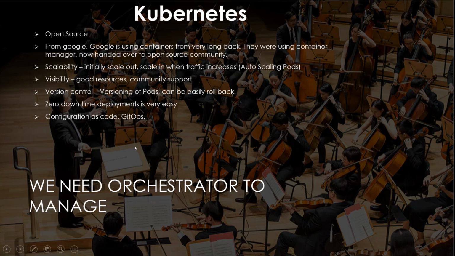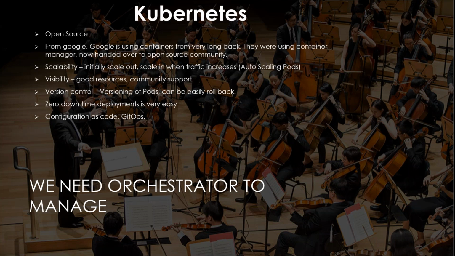So why is Kubernetes the most preferred one? You have other options like Mesos and Docker Swarm, a native orchestration tool from Docker itself. But almost every company is using Kubernetes. Even OpenShift, EKS, AKS, GKE, the backbone of all these is Kubernetes. It's open source and it's from Google.